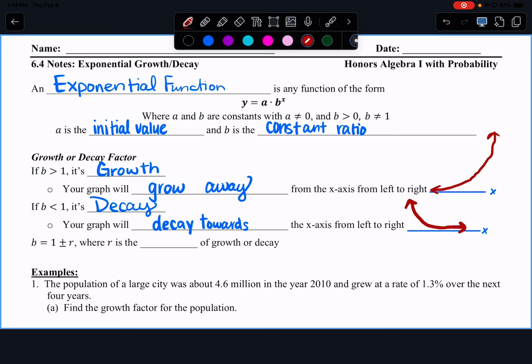Now, b is our constant ratio. In all the examples we've done so far, we already knew what our b is, because it told us by using a table or whatever. But in a growth or decay function, it tells us the rate at which our graph is changing, and we have to use that rate to find b.